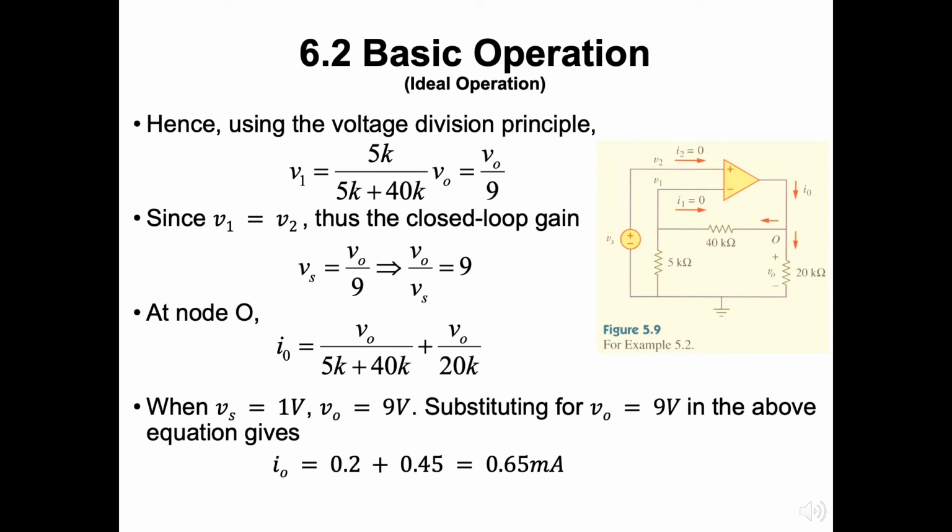At the output point, the current I0 from KCL will be the addition of two terms: VO by the 5,000 and 40,000 ohms, and VO by 20,000 ohms. Now, when we apply Vs equal to 1 volt, VO will be 9 volts, which was considered from the voltage ratio above. Later, substituting VO equal to 9 V, the output current I0 will be 0.65 mA.